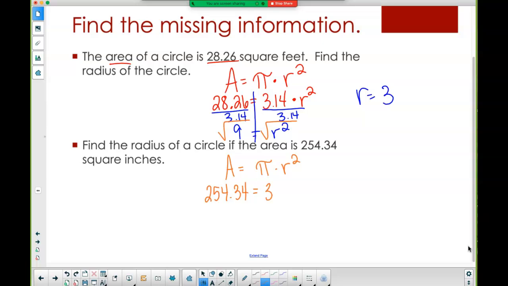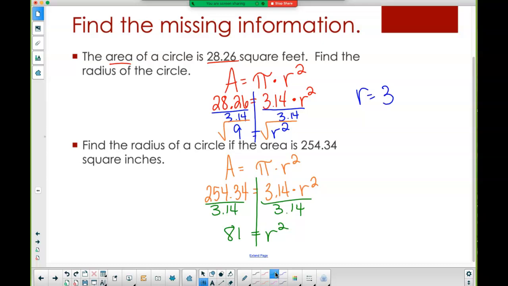Pi is 3.14 times r squared. Okay, what's the first thing I have to do to start solving this? Krista, what should I do? Division. I'm going to divide by 3.14. 254.34 divided by 3.14 is 81 equals r squared.